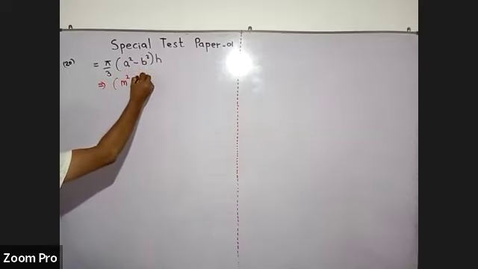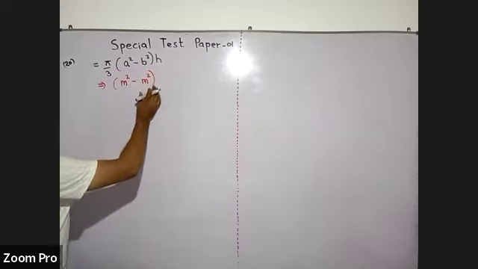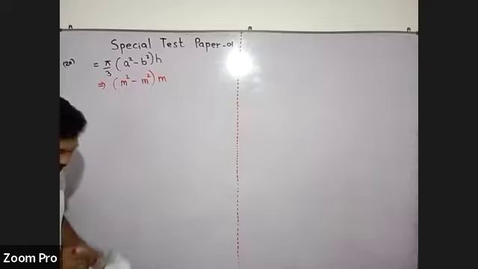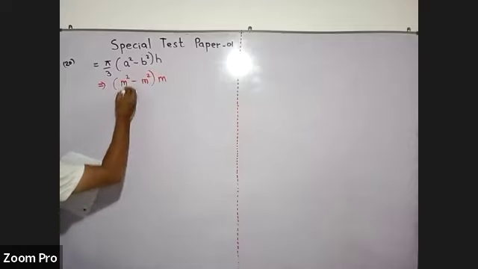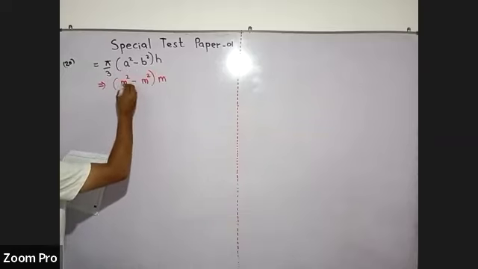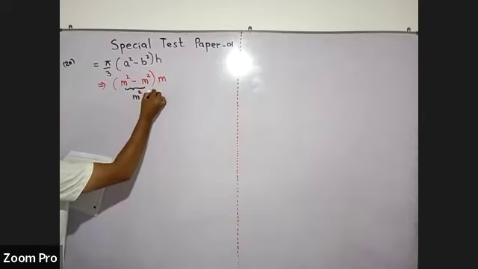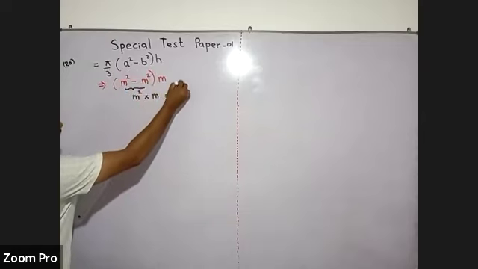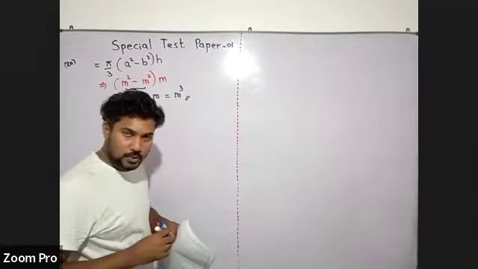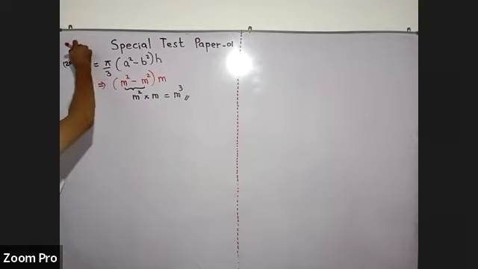Minus b is also a length, so it should also be substituted as m. h should be substituted as m. Right. So instead of these two, there's a subtraction, m squared from m squared. So the answer should be m squared. It should be multiplied by m. So that means the answer should be m cube. Right. So guys, m cube is used to measure the volume. So the answer should be the fifth one.